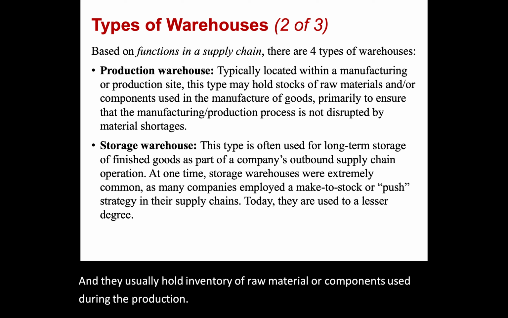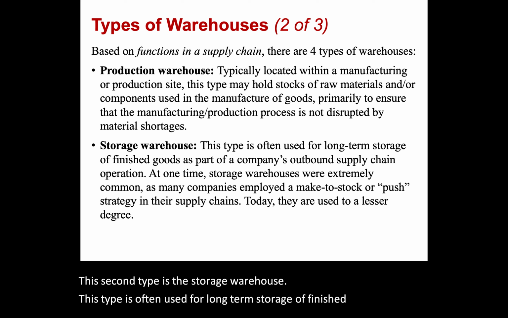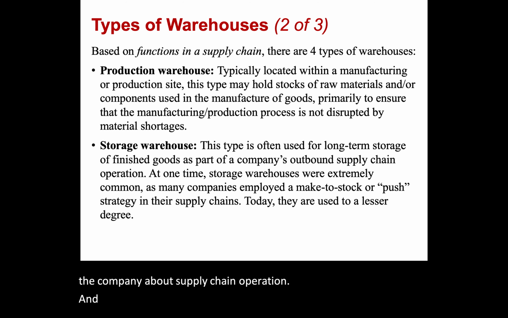The second type is the storage warehouse. This type is often used for long-term storage of finished goods as part of the company's outbound supply chain operation. And usually they might be employed in the make-to-stock supply chain.